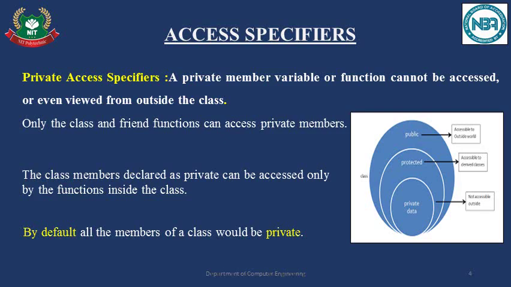By default, all the members of the class are private. If we do not define any keyword in front of a data member or member function, then by default it treats them as private, that is, they are only accessible within their own class.